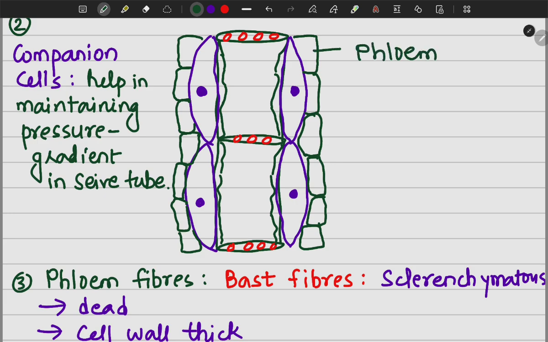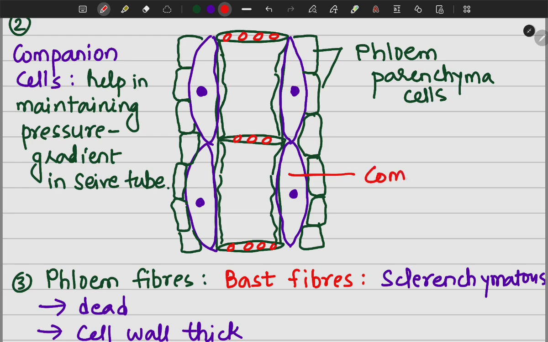Right? So these are the phloem parenchyma cells, and the other parts are clear to you, I hope. This was the companion cell, and this was a sieve tube.